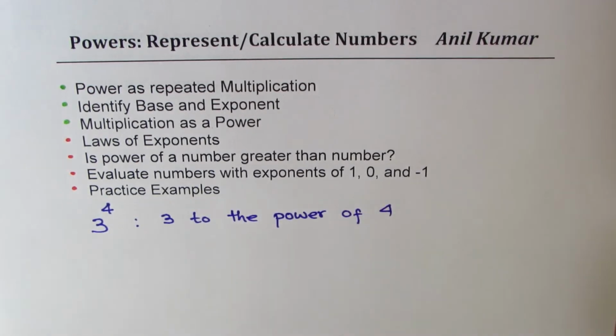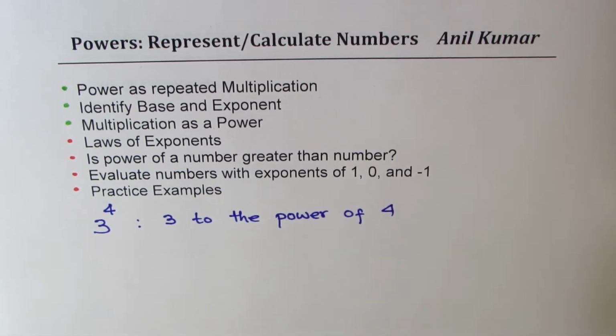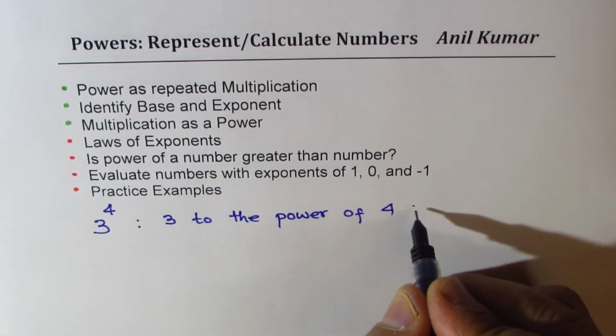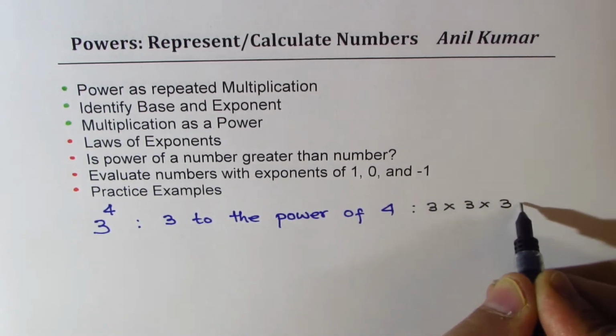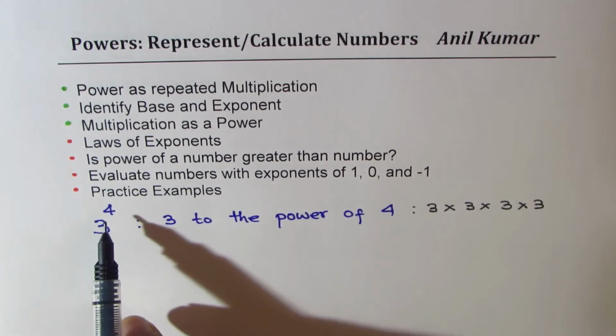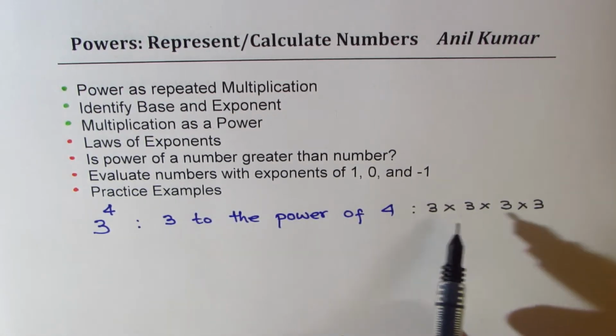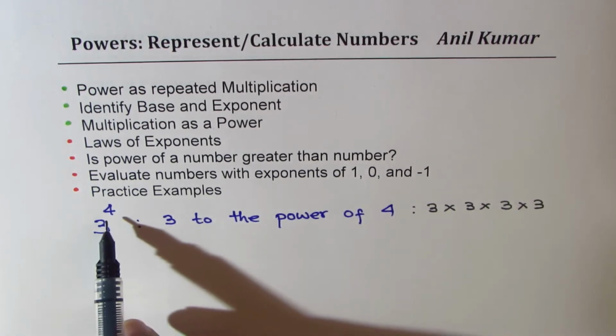Now this is a short way of writing numbers like 3 times 3 times 3 times 3. So if I say 3 to the power of 4, it really means 3 times 3 times 3 times 3, 3 times itself 4 times.